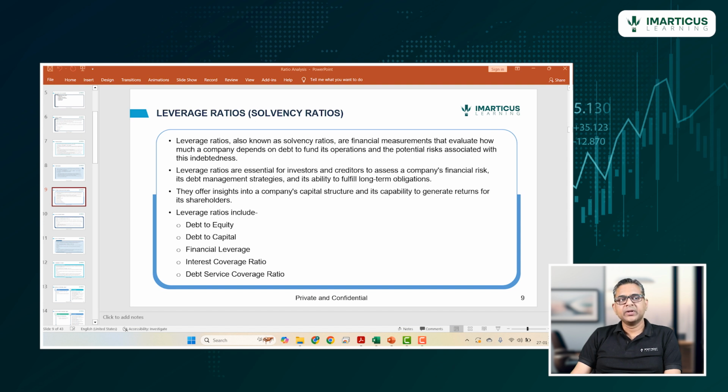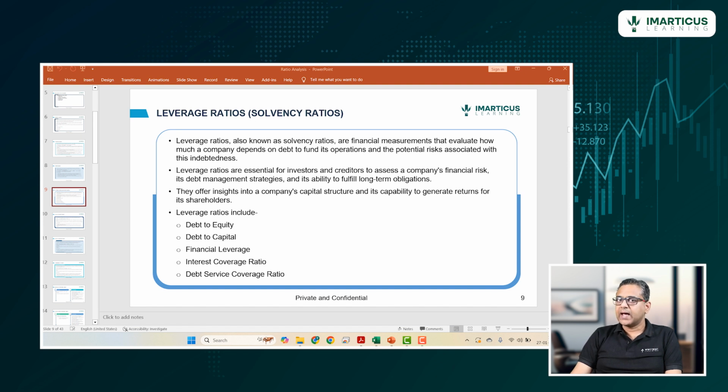So that is more of a choice the company has. But in case of debt, there is no choice. These are fixed commitments which need to be fulfilled at fixed intervals of time. That is why, from a risk perspective, the higher the debt, the riskier the company becomes. So the debt level should be very manageable, which the company can easily fulfill through cash generated from operations. So this is what leverage ratios focus on.